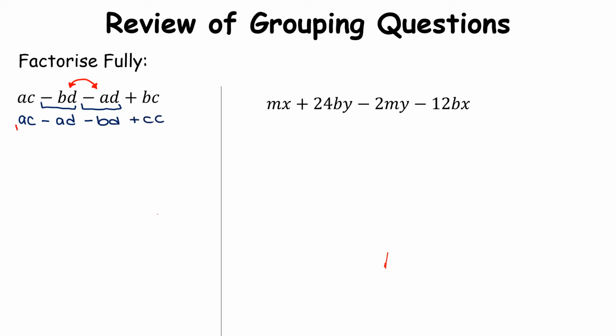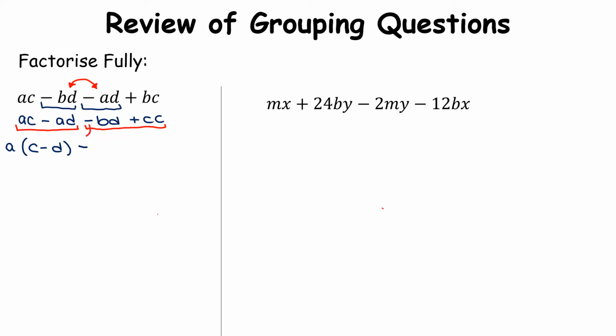So now we have our two groups and they do have something in common. So in the first group we have A, and that leaves me C minus D in a bracket. And in the second group, and this is going to be important for moving forward today, the general rule of thumb, in the majority of cases, is bringing down this sign from above, so that was a minus, so I'm going to put a minus here, that should be fine. I'll do that actually in a different colour.